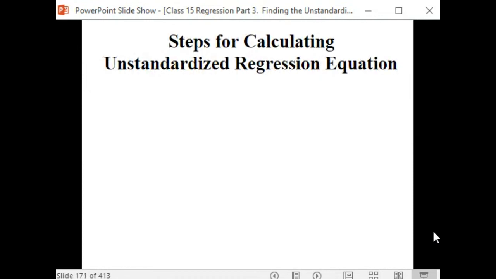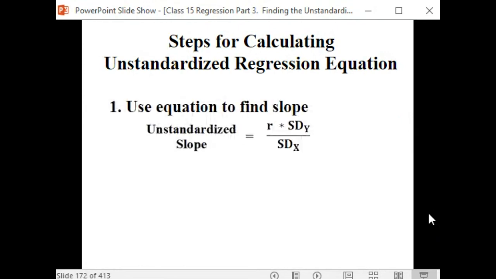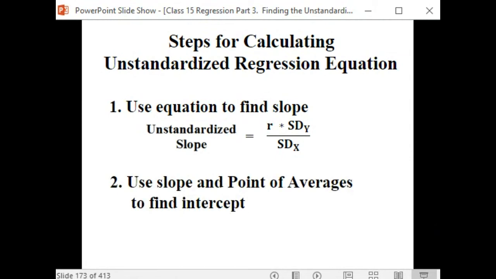So let's summarize what we've just done. Here are the steps for calculating the unstandardized regression equation. First, we use this equation to find the unstandardized slope. Next, we use the slope and the point of averages to find the intercept.